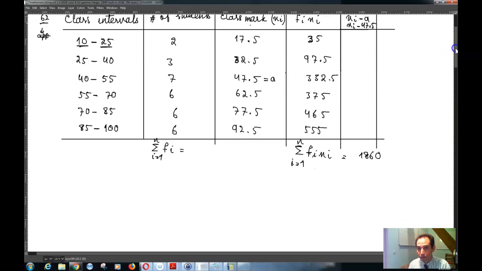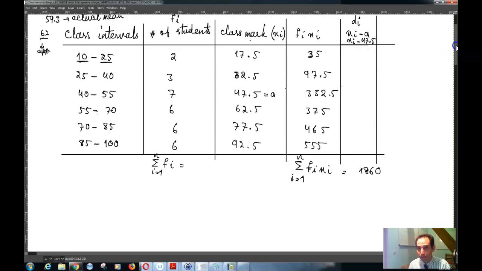I need to do some calculations here. So I'm going to write, for example, 17.5 minus 47.5. That would be negative 30.